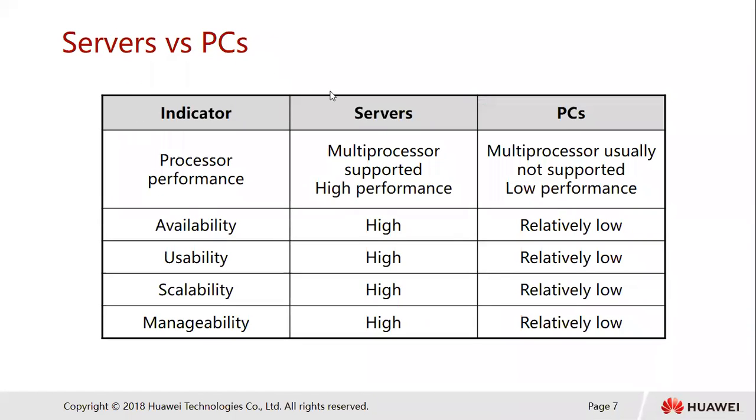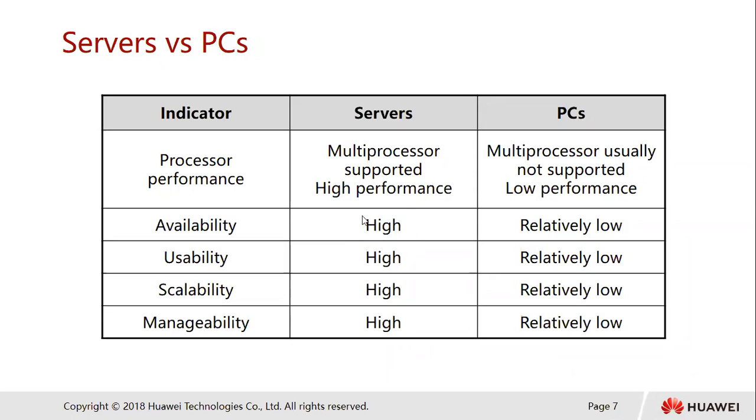Servers versus PCs. Here we have an indicator, the servers, PCs. Here we have processor performance. Servers have multi-processor support for high performance. In terms of availability, the server must be available.